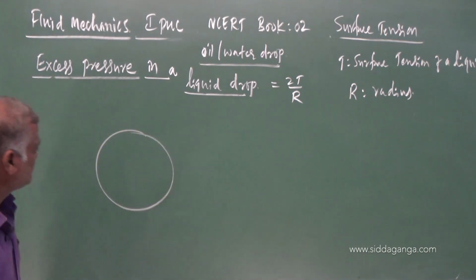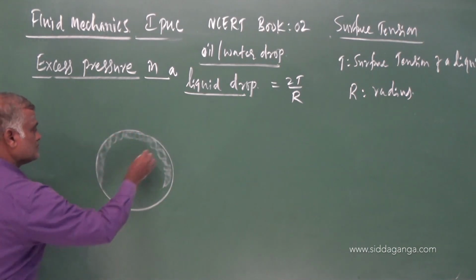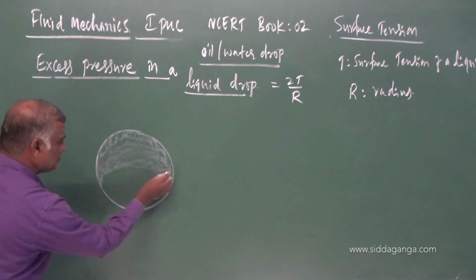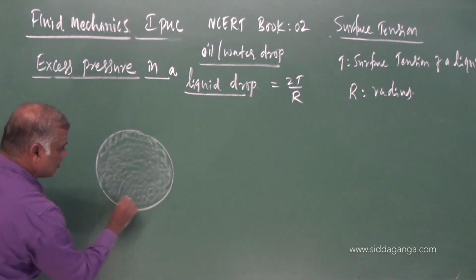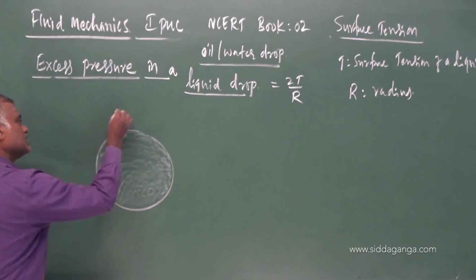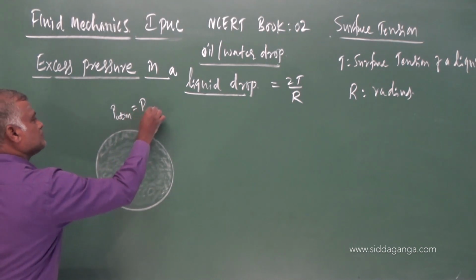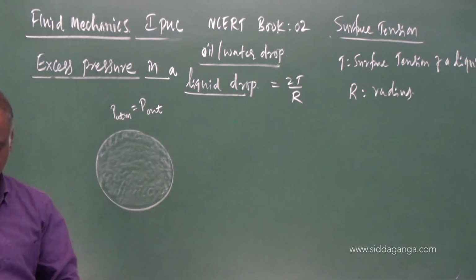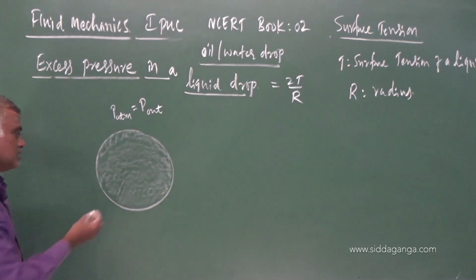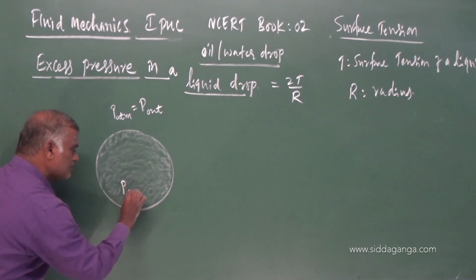Say this is a liquid drop. Outside is atmospheric pressure, I write this as P out. This is P inside.